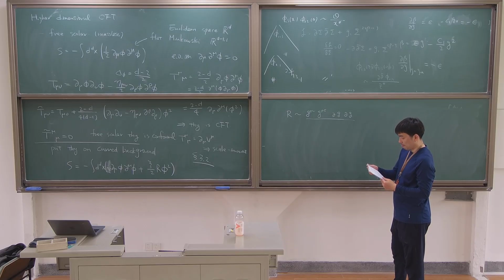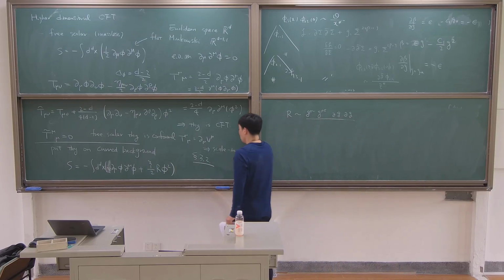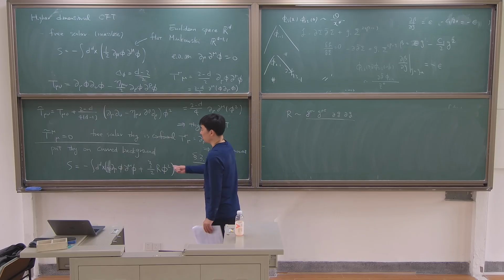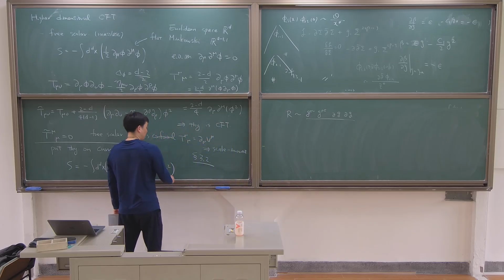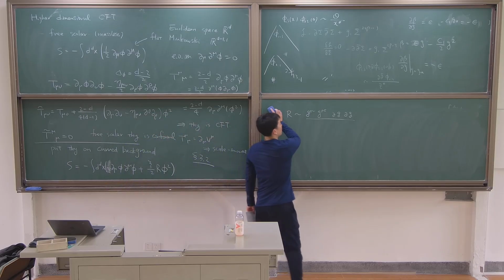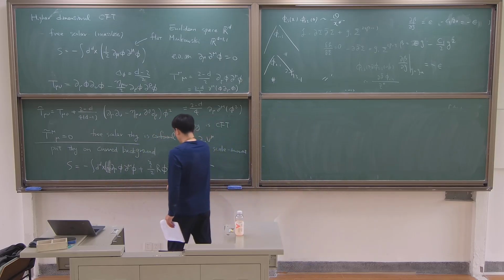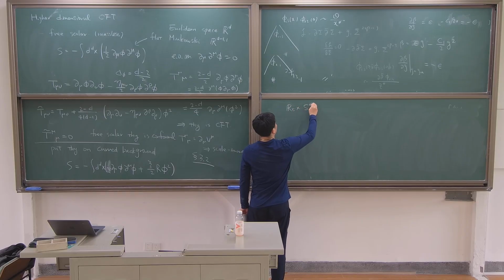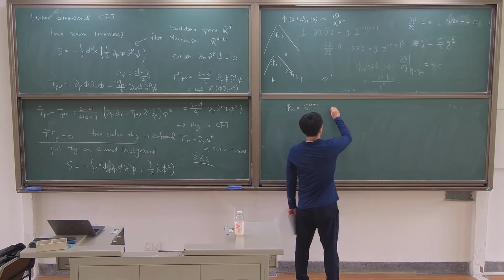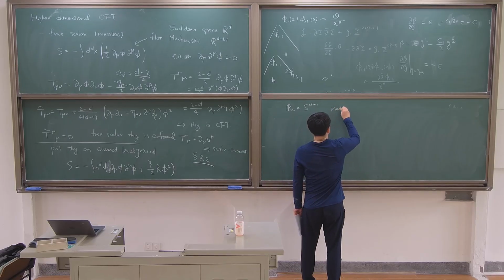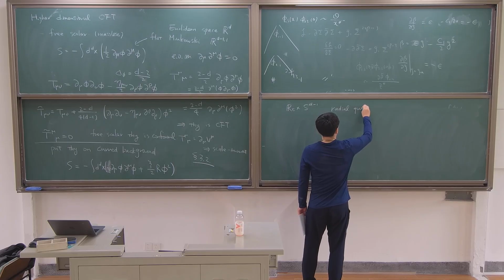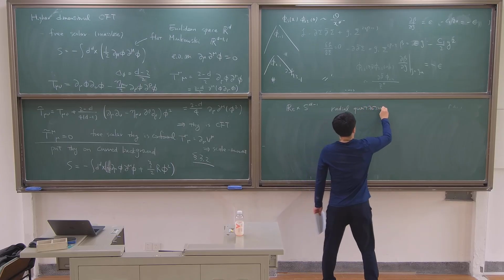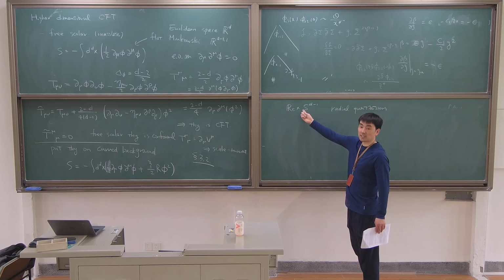Because we put the theory in a curved background, later we consider radial quantization. Radial quantization can always be obtained by R times S^(d-1). Then S has a curvature usually.